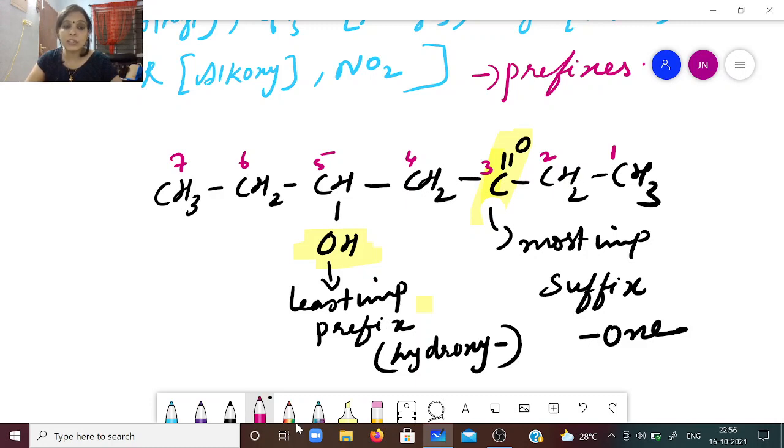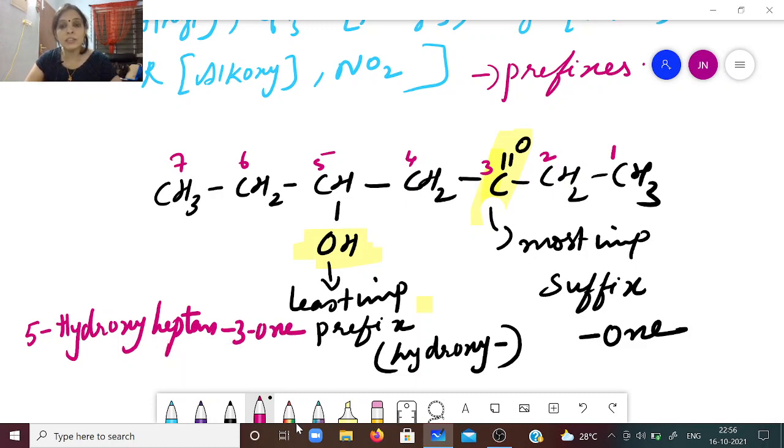Totally 7 carbons are there. So I should write 5-hydroxy heptan-3-one. This is the name. Third carbon is ketone.